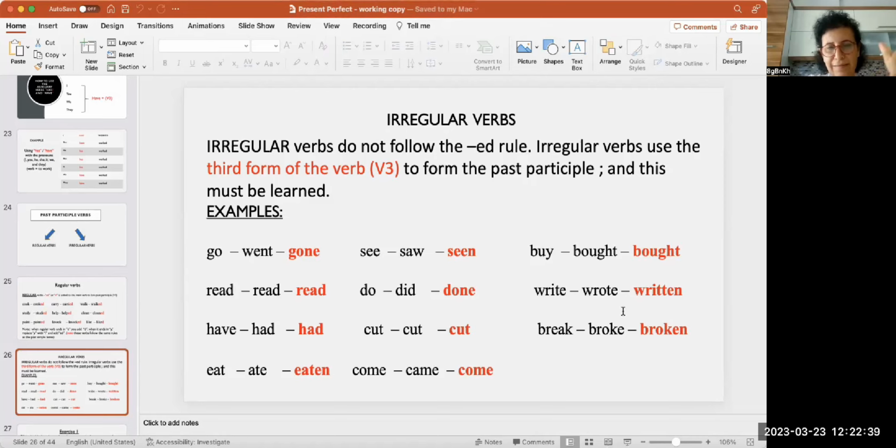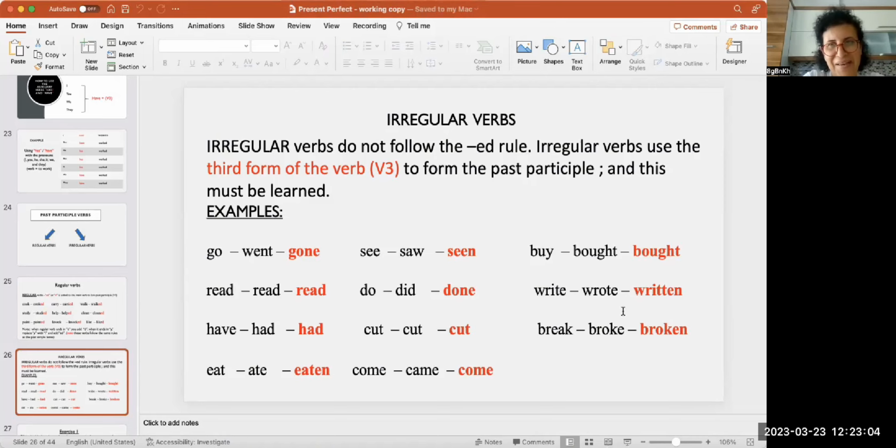So all this is to show you, not to confuse you, that if you don't know the third form of the verb, it's very, very difficult to get the grammar right for the present perfect tense. So this is why it's important to learn these irregular verbs.